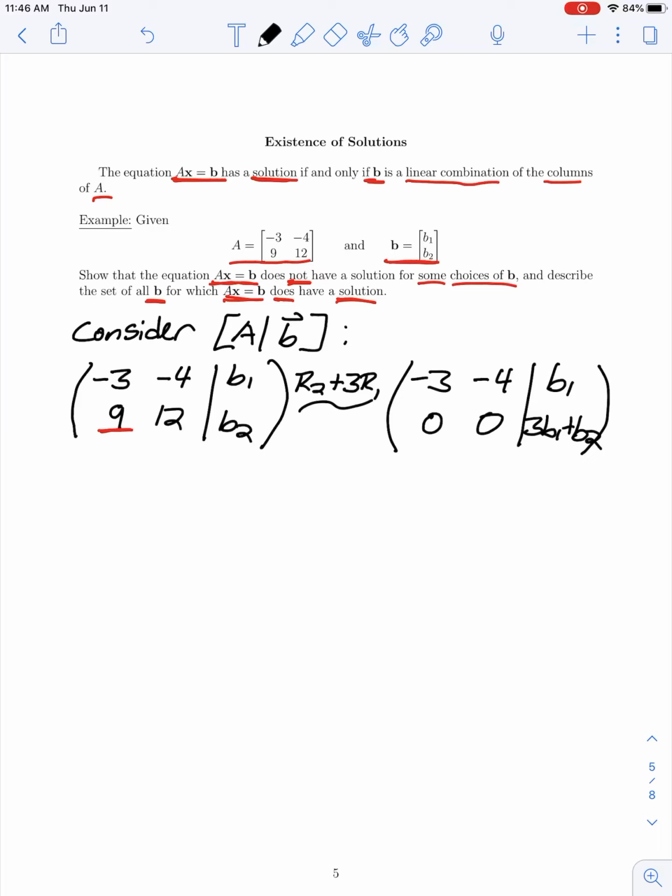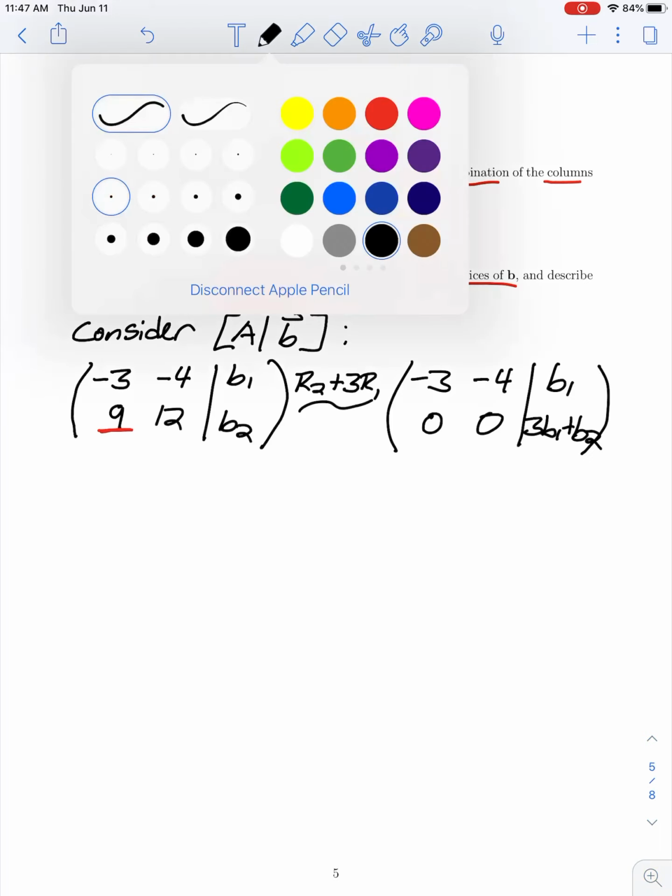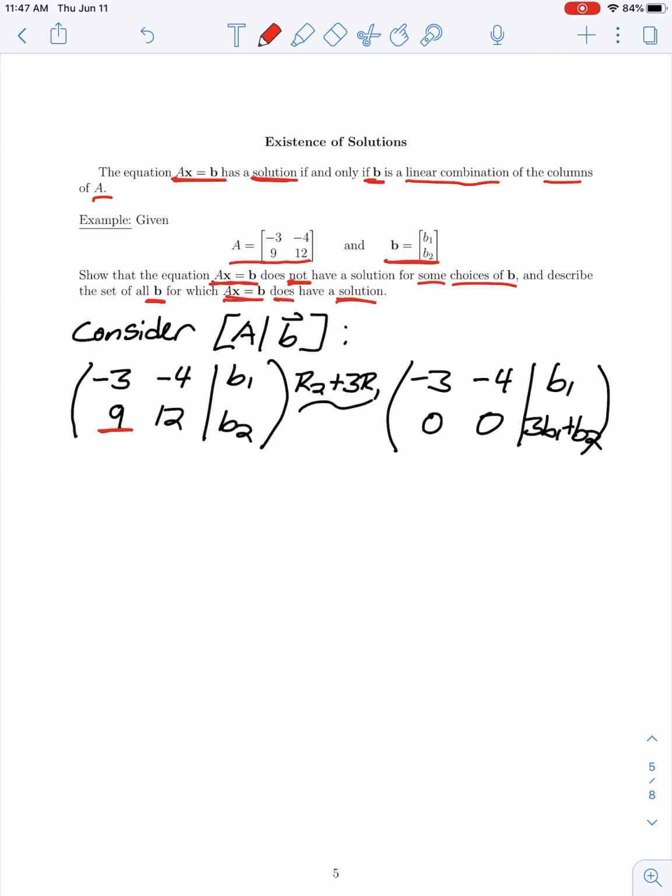So what we see is that our second row in this echelon form is a row of all zeros. And the only way that this system will be consistent is if 0, which is the entry on our left-hand side of the equation, is equal to 0.